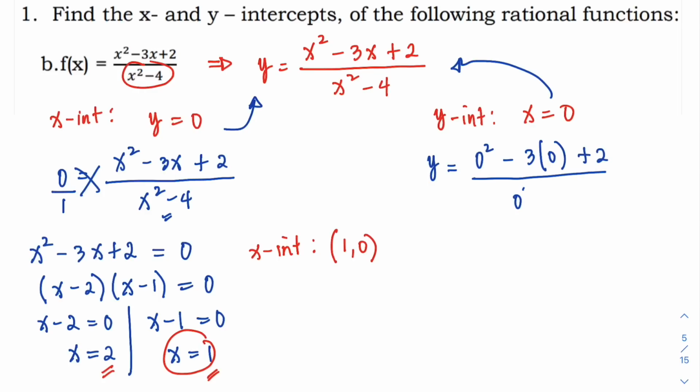So that is 0 squared minus 4. Okay? So dito, pwede natin i-cancel na to. So ang maiiwan lang sa atin is yung y equals 2 over negative 4. Okay? Or pag sinimplify natin yan guys, meron tayong y equals negative 1/2.